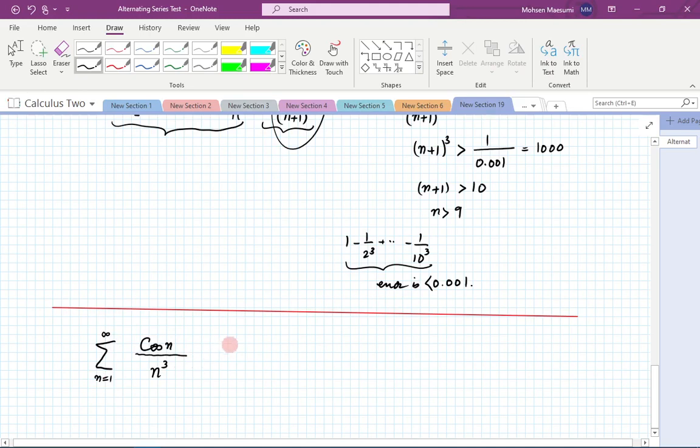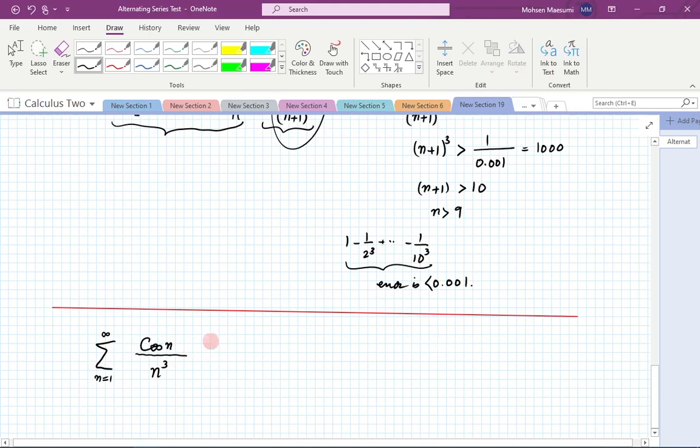Is this alternating? Well, you say, where's the plus and minus of it? Well, that is not there, but we do have cosine of n, and cosine sometimes is positive, sometimes is negative. It's rather hard to tell, but it's going up and down. It can go as high as +1, as low as -1, and the pattern is not going to be all that regular. It's rather hard to say.